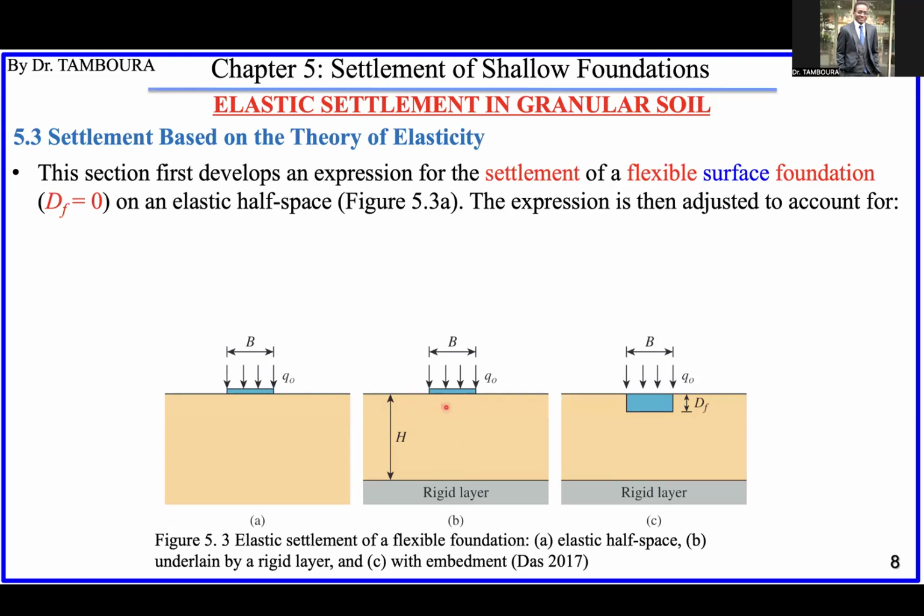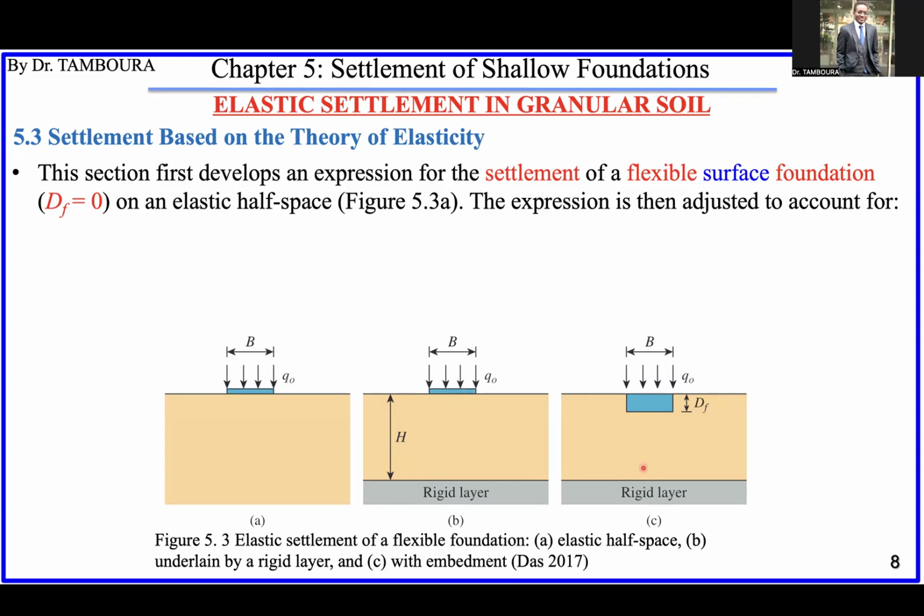And we may have this kind of condition. Here we have a rigid layer, like rock or bedrock, lying at a depth H beneath the footing base. Okay, but still the footing is not embedded. It is a surface footing.